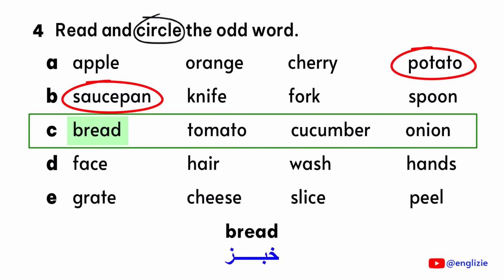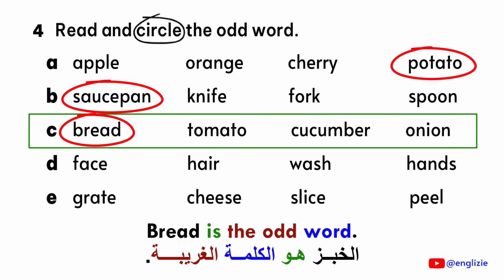C. Bread, tomato, cucumber, onion. Bread is the odd word.